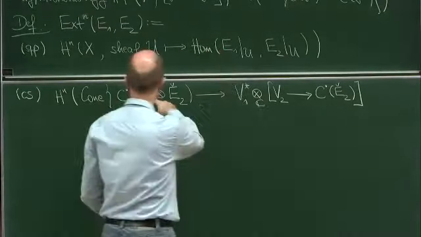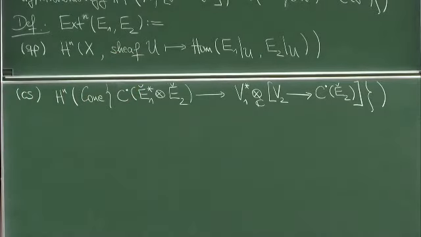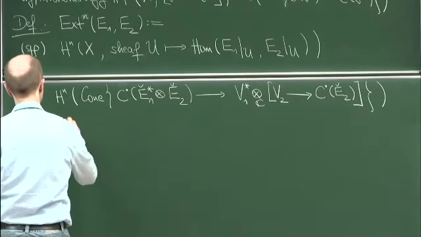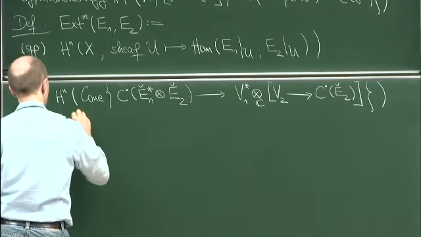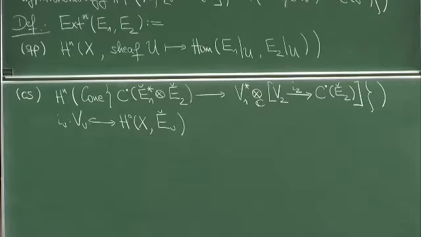So let me give names to the maps. We have 2 coherent systems, which means we have inclusions I nu of vector spaces V nu into global sections of the underlying vector bundles E Čech nu. And so this map is just induced by the inclusion of V2 into global sections of the second bundle.